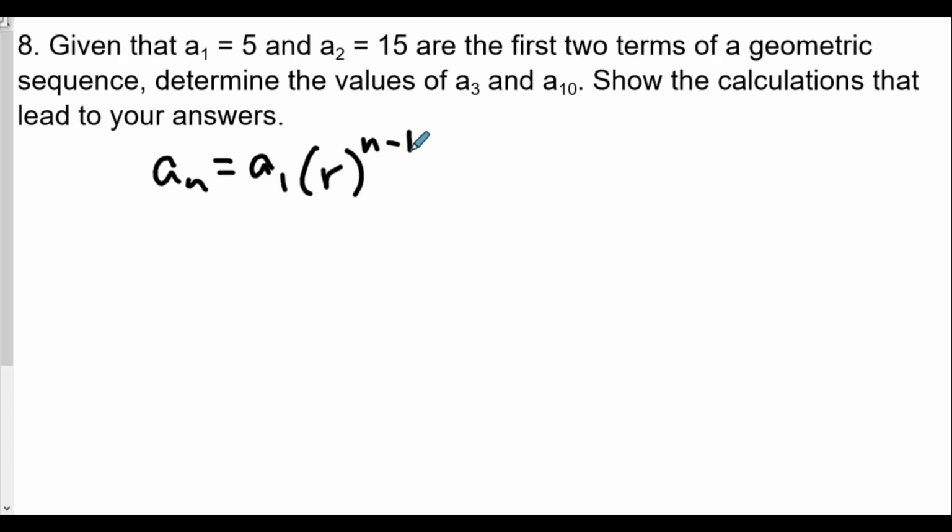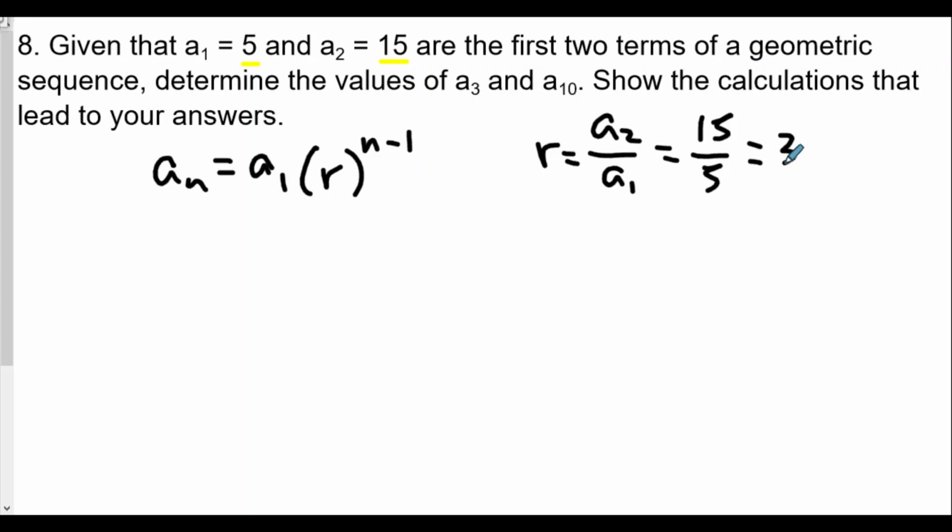The R value can be found by taking the second term divided by the first term. Since A2 is equal to 15 and A1 is 5, we substitute and get 15 over 5 is equal to 3.